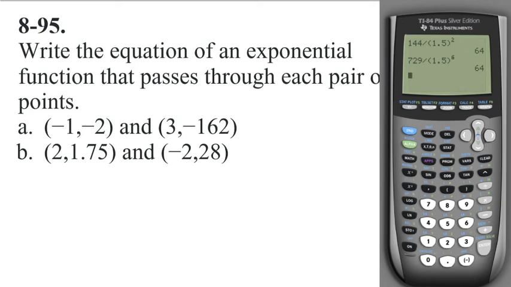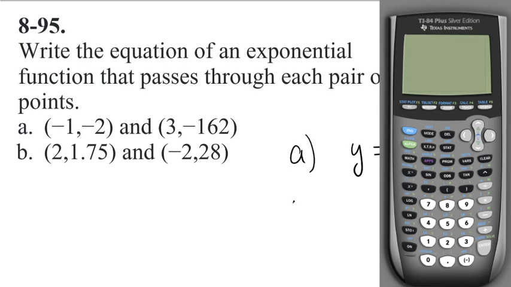So everyone pause. Okay, so for the first question, part A, you should have gotten the equation y is equal to -6. Yes, your 0th term is -6. And then times 3 raised to the x power. Your multiplier was 3.